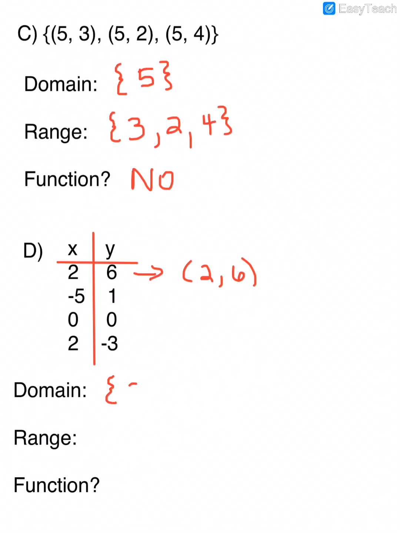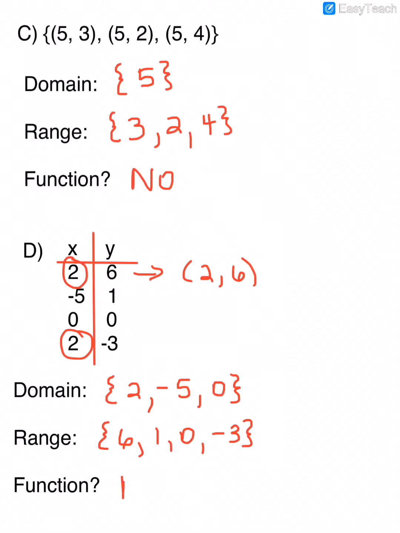So in this case, it would be 2, -5, 0, and we have 2 again, but we've already listed 2, so we don't need to write it again. And then the range is all the y values, so it would be 6, 1, 0, -3. Well, since the x values repeat, this is not a function.